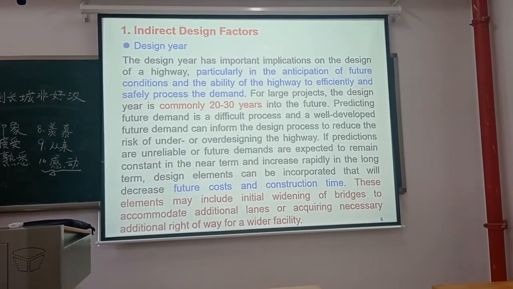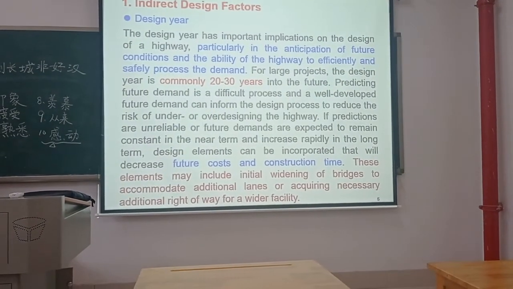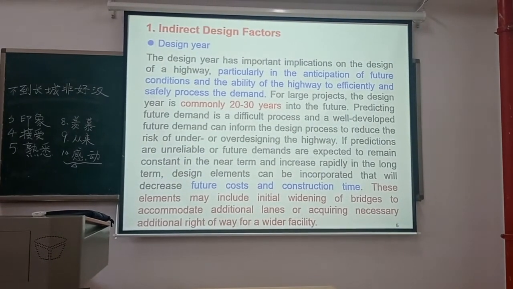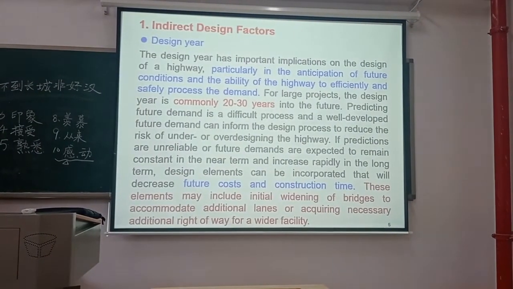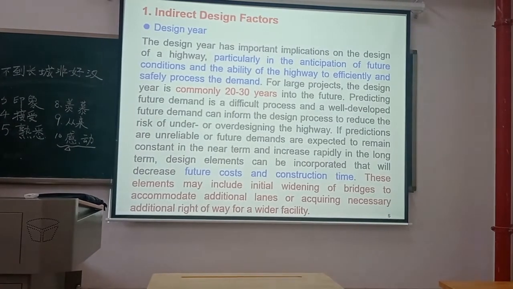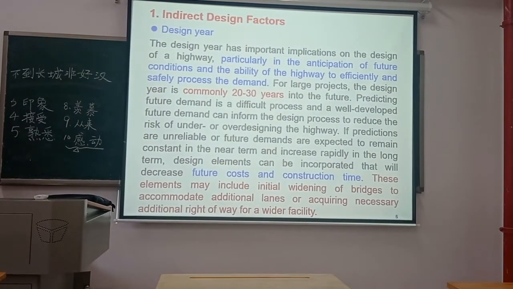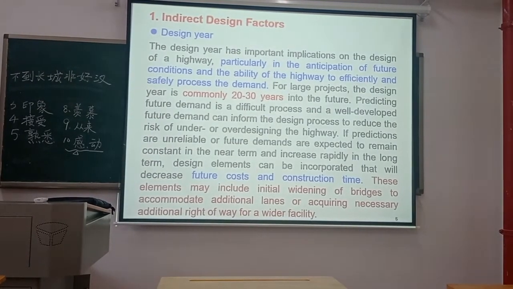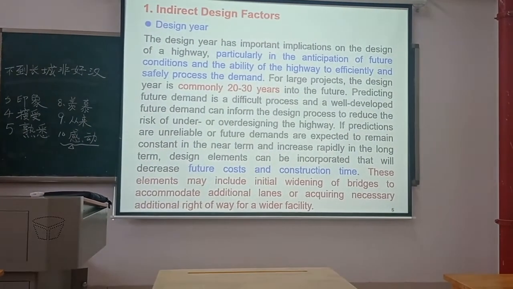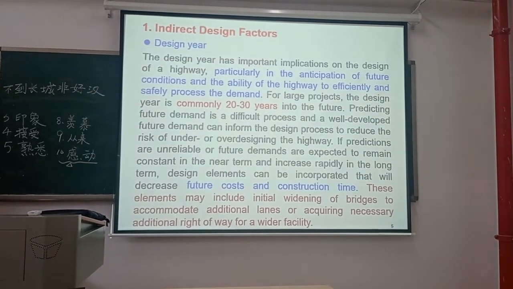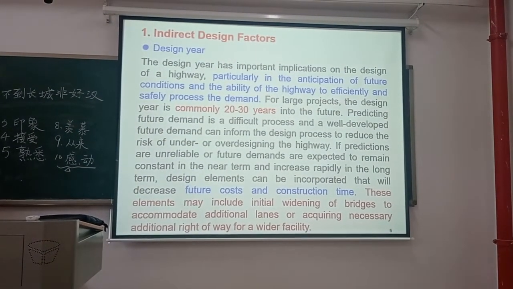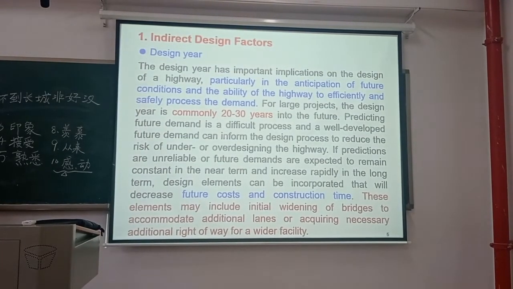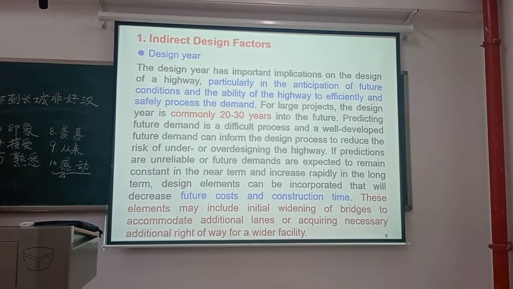But for asphalt pavement, the design year is commonly 15 years. But for cement concrete pavement, it is 30 years. So for different projects, the design year is different. But for large projects, the design year is commonly 20 to 30 years into the future.